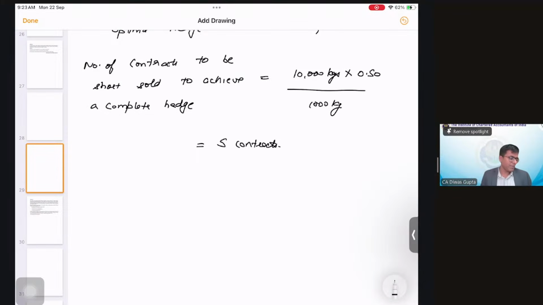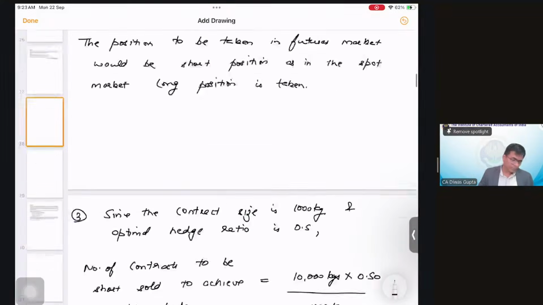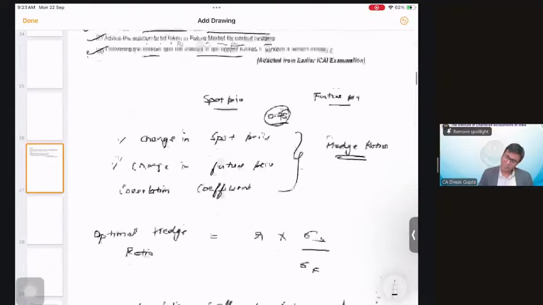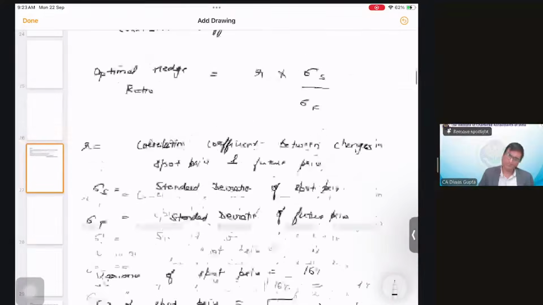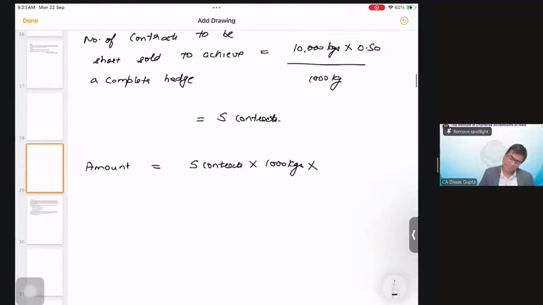The second part, amount which is required will be 5 contracts multiplied by 1000 kgs, again multiplied by the future value. Now we don't have the future value, so hence the amount we will take this 534 per kg itself. In this case, shall we assume that spot price is the future price?